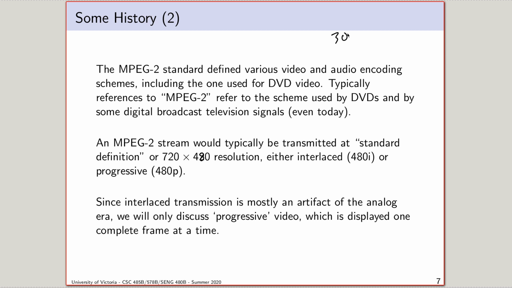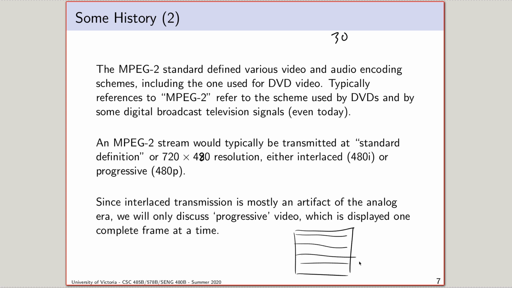What I mean by that is that one frame of analog NTSC video would be encoded by the following process. First, every second line is captured at one interval of time, and that's encoded as, let's say, the even numbered lines of the frame.